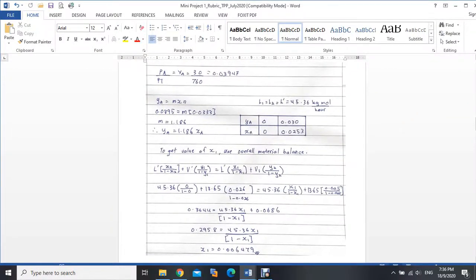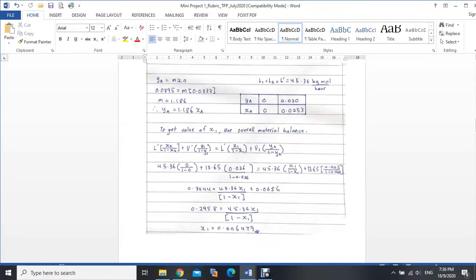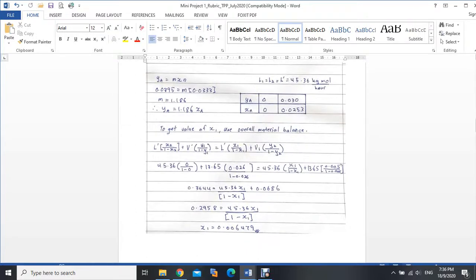Next, plot the operating line. To plot it, we must have two coordinates, point 1 and point 2. The coordinates for point 1 are x1, y1, and for point 2, x2, y2. We don't know the value of x1.